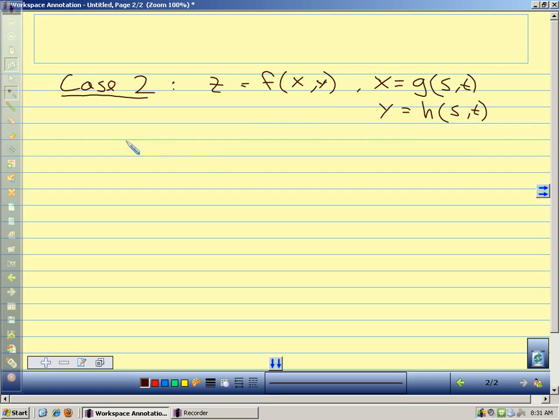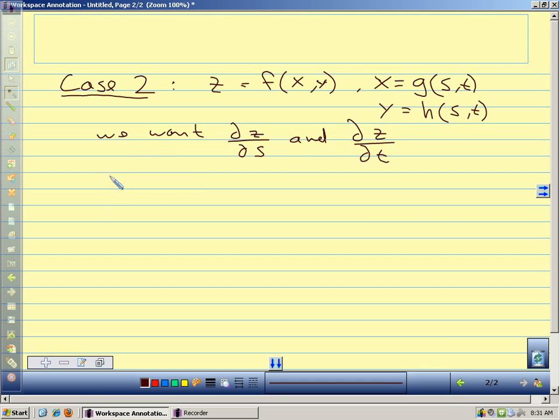And we want to find dz/ds and dz/dt. So we're going to apply case 1, our first case, to each of these partial derivatives, and see what we come up with.